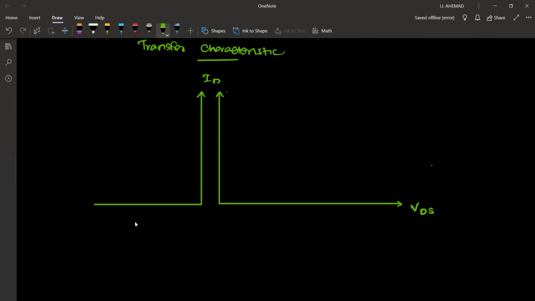So when we are drawing between ID and VGS, let's get the help of ID graph also. First let's draw the ID graph, ID versus VDS.